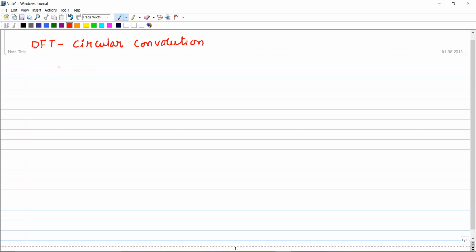Let's assume that we have two signals x1 of n, which is defined as x1 of 0, x1 of 1, and so on up to x1 of n minus 1. So the support of this signal is from 0 to n minus 1.